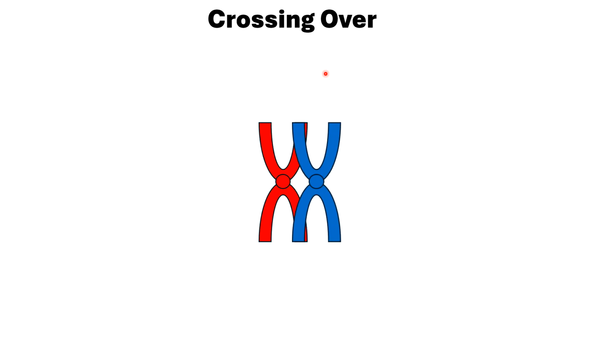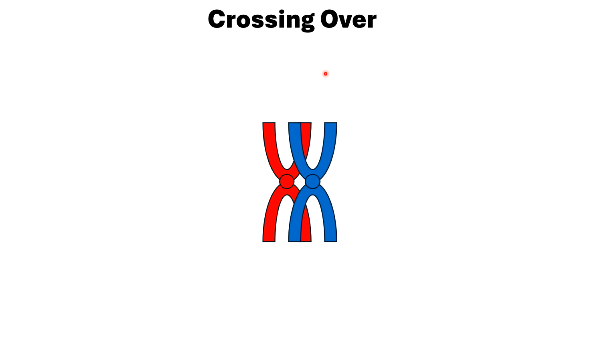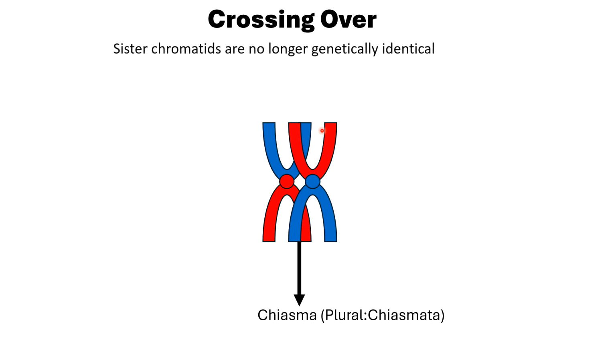This involves the exchange of DNA segments, DNA fragments. First they swap by the chiasma, and because of that, the sister chromatids are no longer genetically identical to one another, and they become what's called recombinant chromatids.